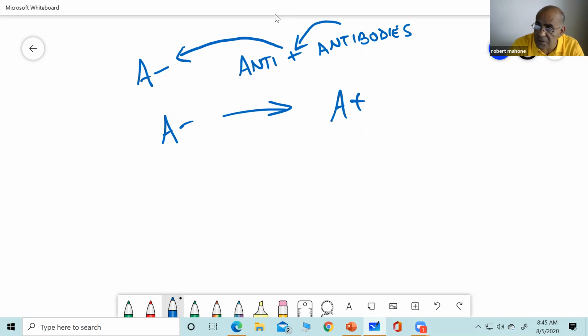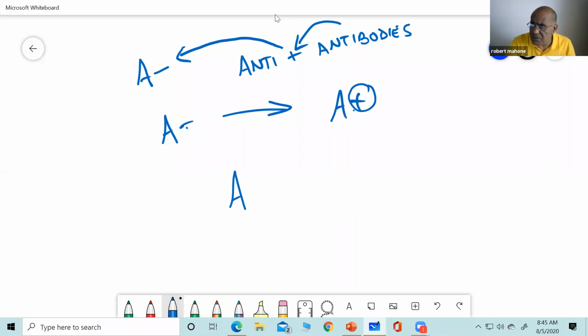There's nothing to attack. As a matter of fact, this negative sign right there, that misleads people. It's thinking that you have to match this over here. Really, you don't. There's nothing to match. Negative simply means they don't have this. So if somebody's A negative, the way we should be writing that is like that.